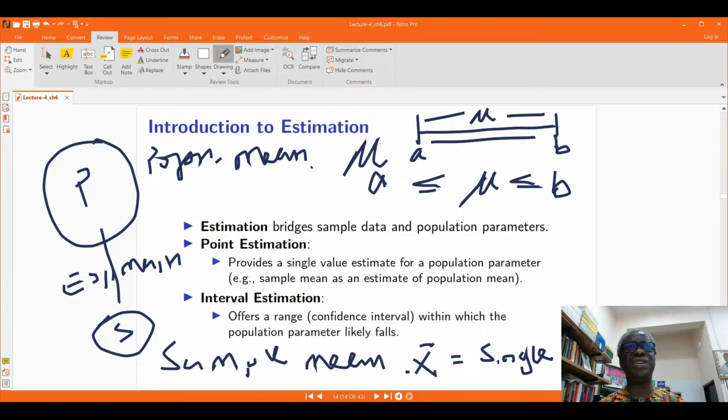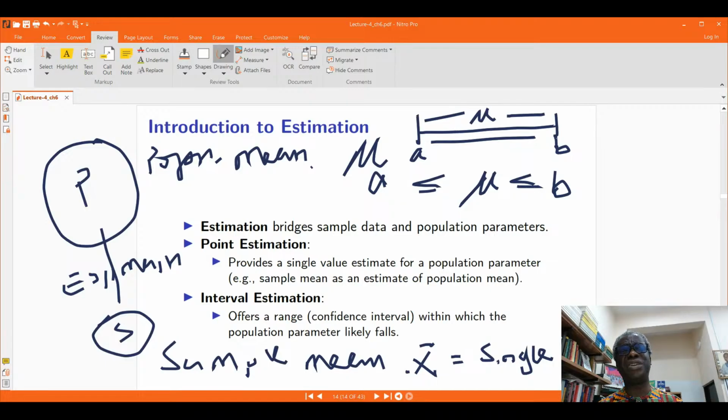When did you finish? When did you enter university? What level are you now? So I can use that and estimate and say, oh, you are likely to be 19, you are 21. I'm using a single value to estimate your age that is not known to me. So that's a single point estimation.